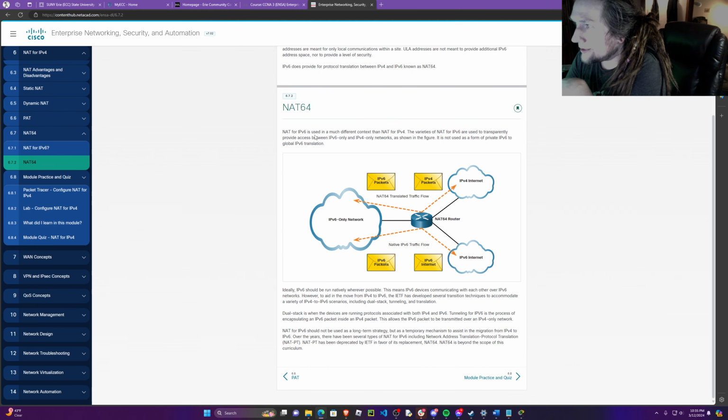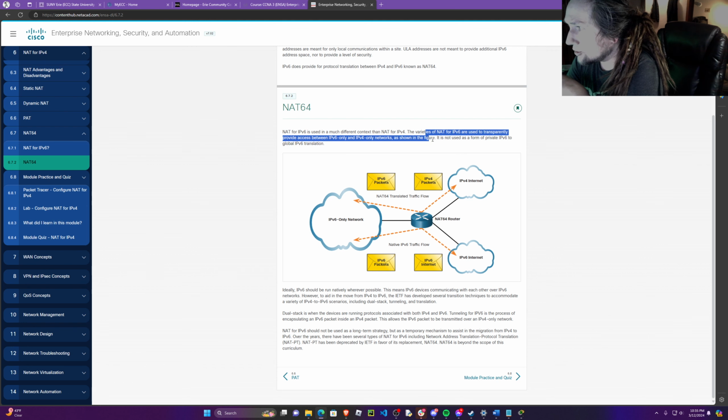NAT for IPv6 is used in a much different context than NAT for IPv4. The varieties of NAT for IPv6 are used to transparently provide access between IPv6 and IPv4 only networks, as shown in the figure. It is not used as a form of private to global translation.